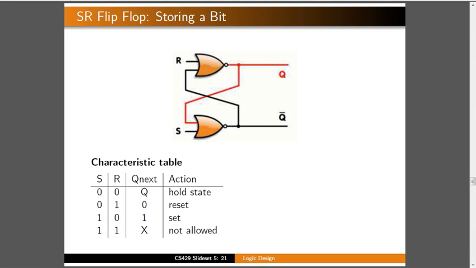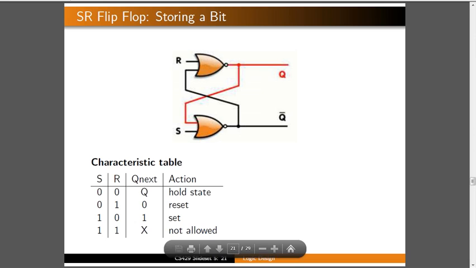Flip-flops are also a combination of inputs and outputs that are used to store bits. There is a table that you have to see, what the inputs and what the outputs are. This is the SR flip-flop.